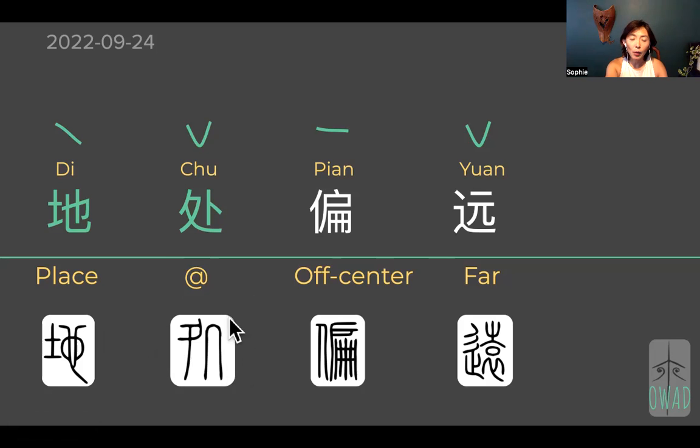Okay, 处, we have this backward walking all the way toward this stand or a backing. Before the days of chairs, people had to sit at ground level, and to make them comfortable, a prop was made or developed. And then people walk toward it, and for them to sit down, they have to back facing this structure, right?